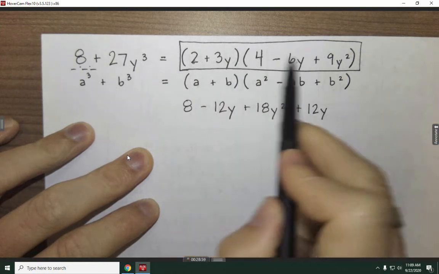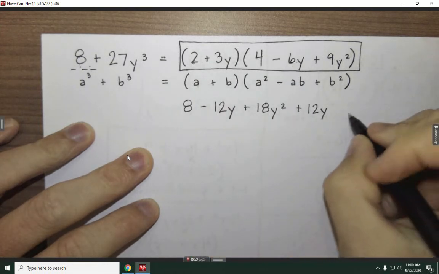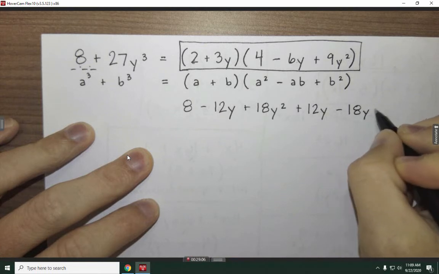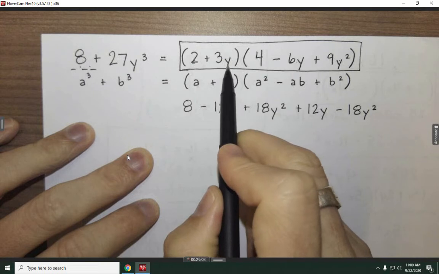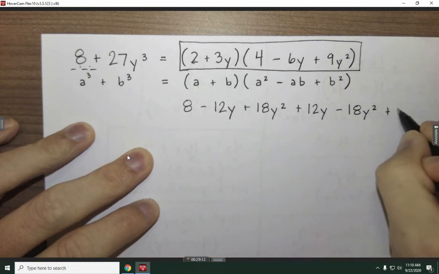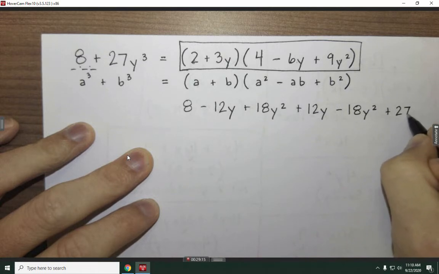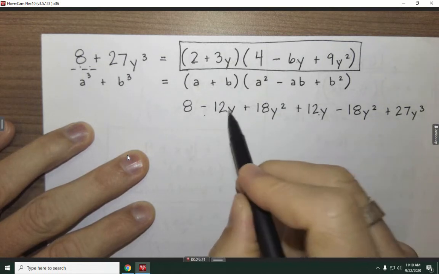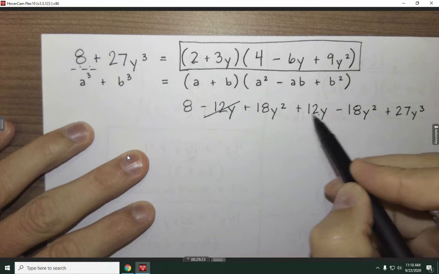And if we do 3y times negative 6y, that gives us negative 18y squared. And if we do 3y times 9y squared, that gives us a positive 27y cubed.